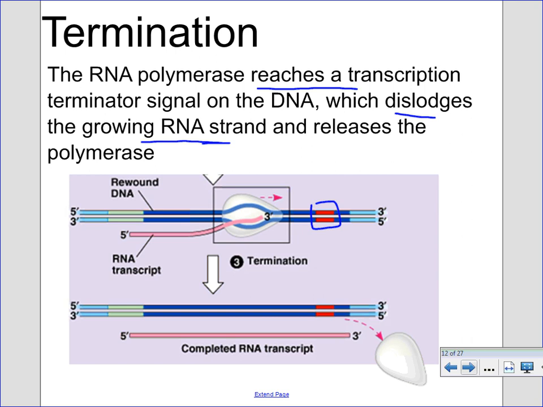So the RNA strand will be released from the RNA polymerase, and the RNA polymerase will fall off of that DNA sequence. So here we have our completed RNA transcript that is now ready to be modified and then exported from the nucleus.